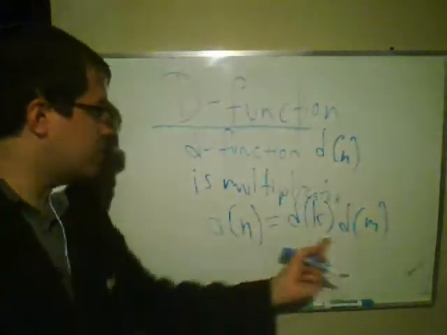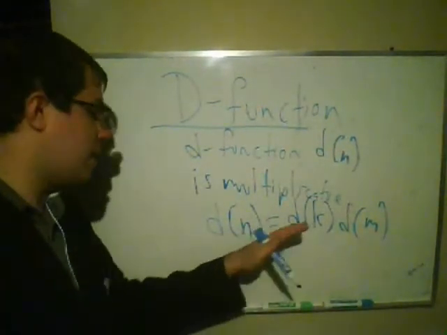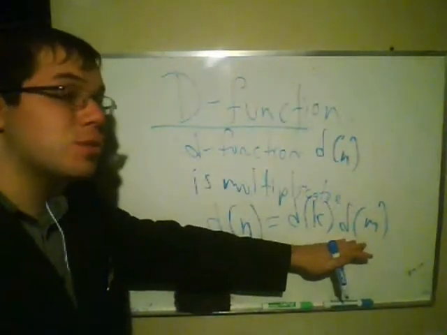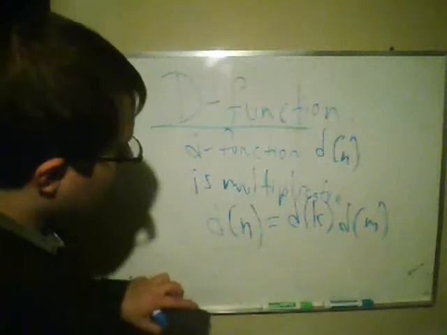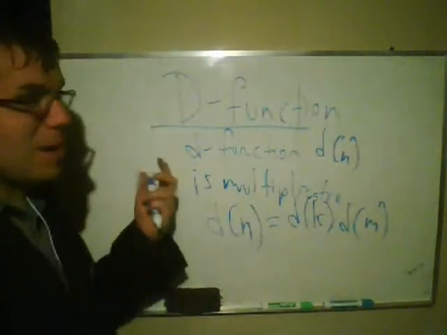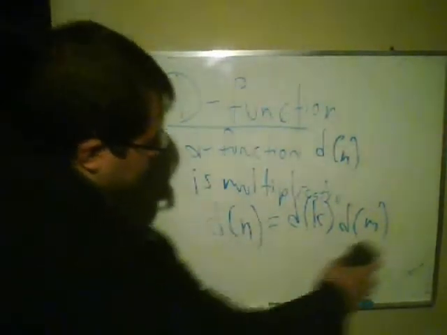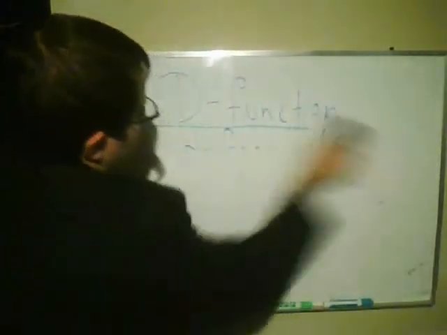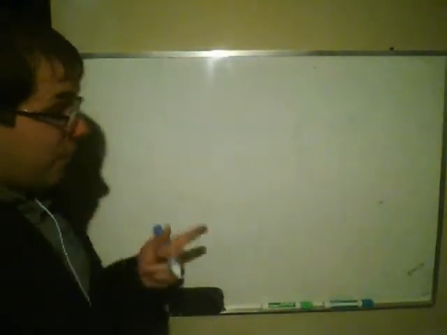Can you see some sort of relationship between n, the unique factorization theorem, and this multiplicative composition here? Let me give you a hint of what's going to go on here. Given some fixed integer, let's say 18.